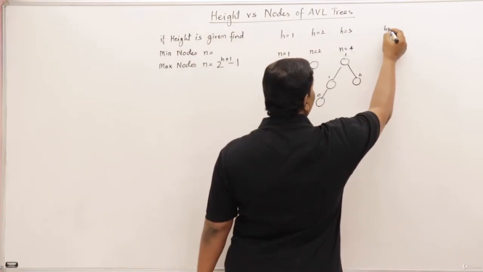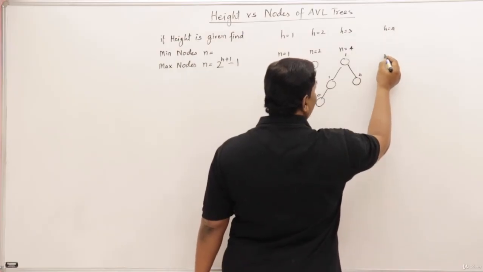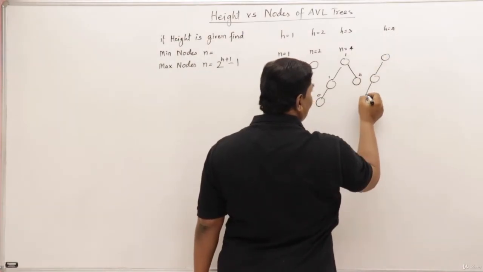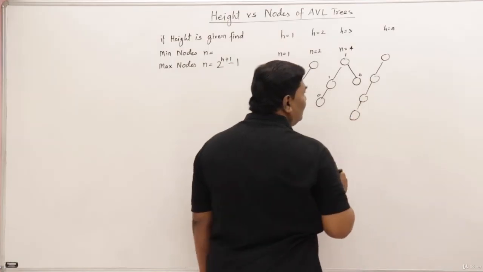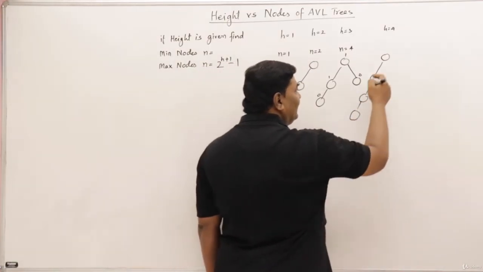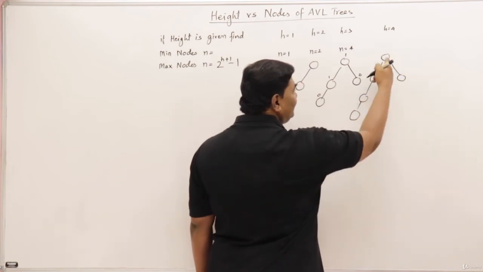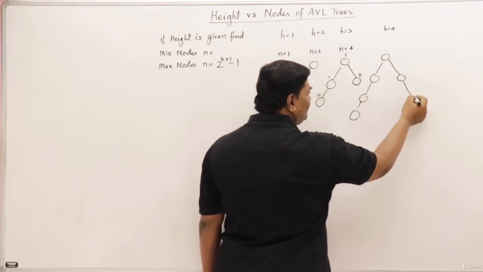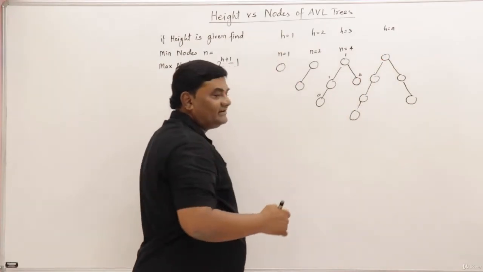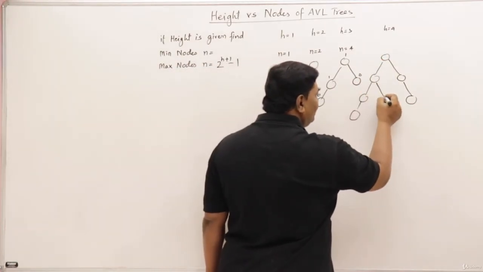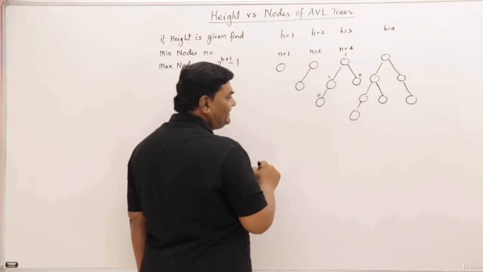Then if the height is 4, then minimum how many nodes required? 1, 2, 3, 4. Is it balanced? No. On this side I need some nodes. One node, is it sufficient? No, still it is imbalanced. One more node, is it balanced now? Yes, that is balanced. What about this node? This is not balanced. Now everything is balanced.